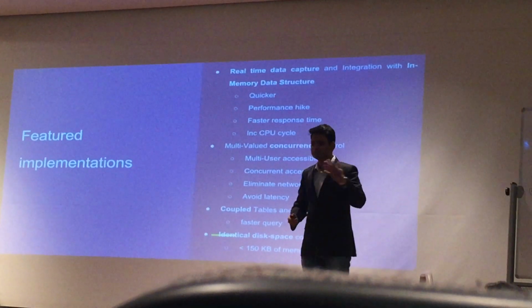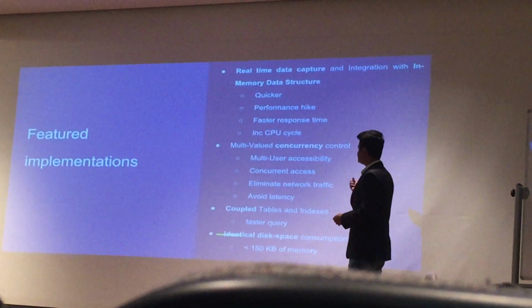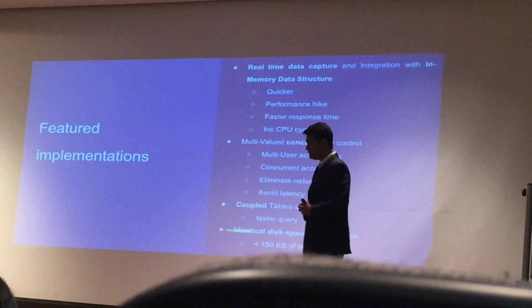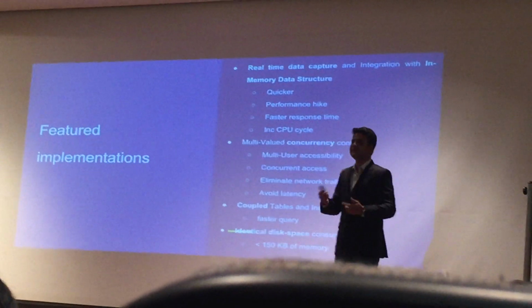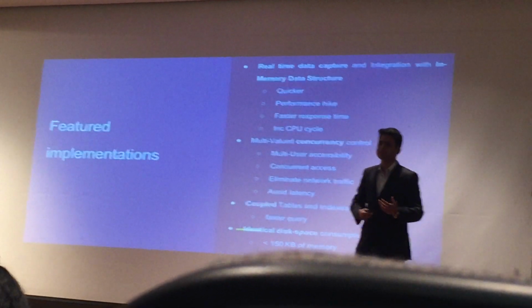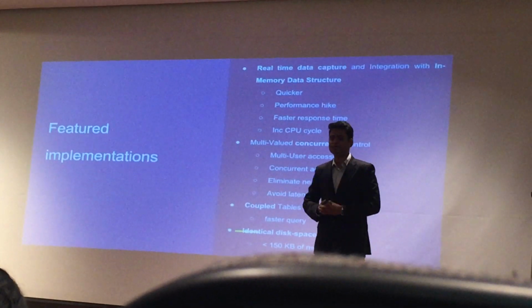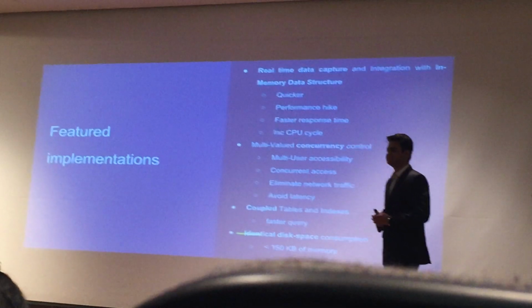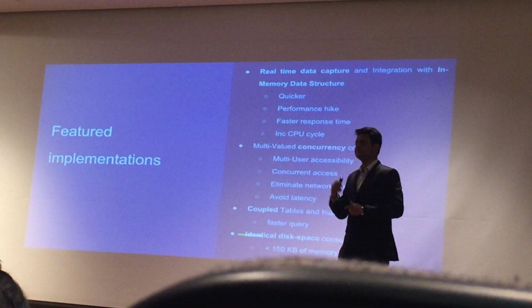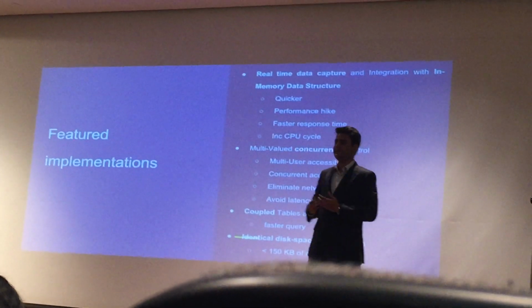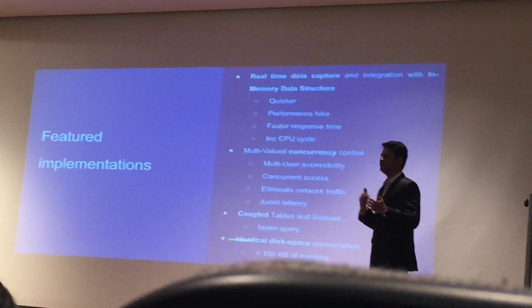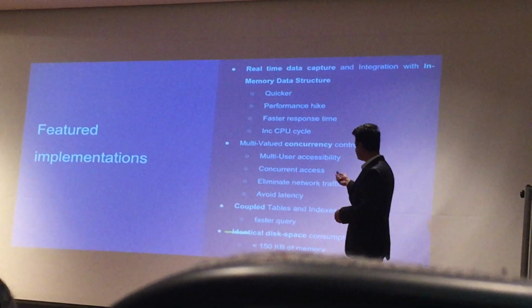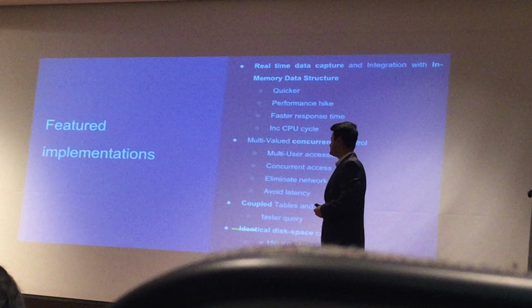There's a huge hike in performance, faster response time, and increased CPU cycle. Now, the CPU cycle is a relative term. If you have a high performance CPU, then of course your transaction speed is going to be high. Keeping that in mind, we improvise on it in our further slides. So as of now, let's just keep it as increased CPU cycle.